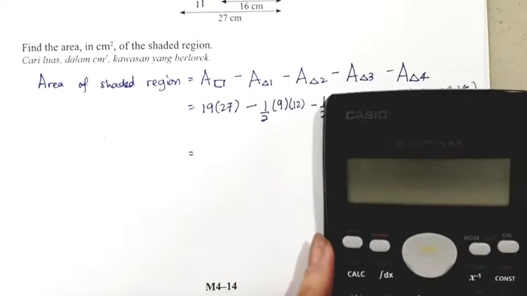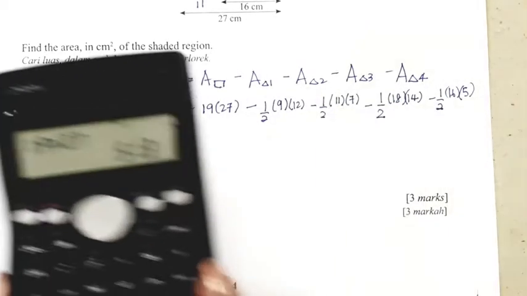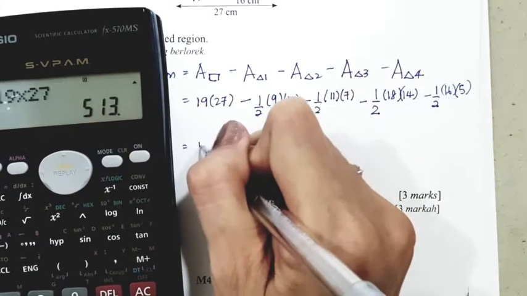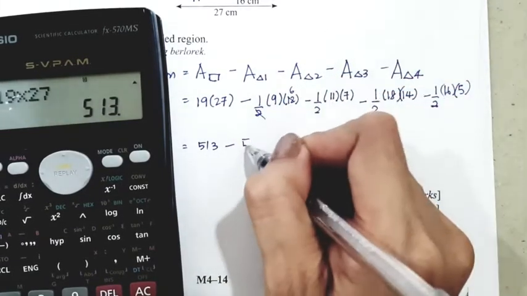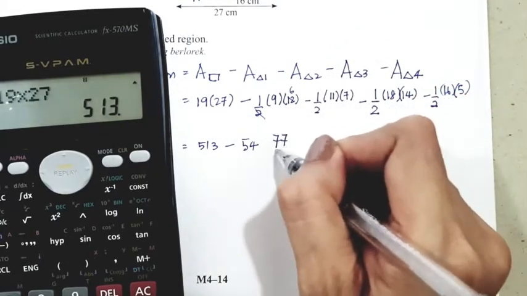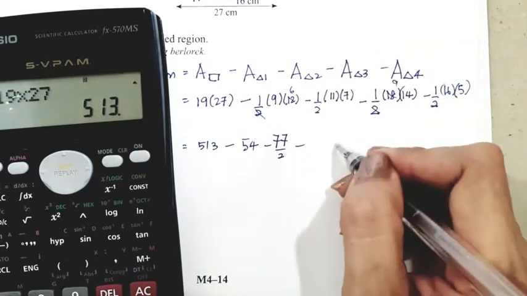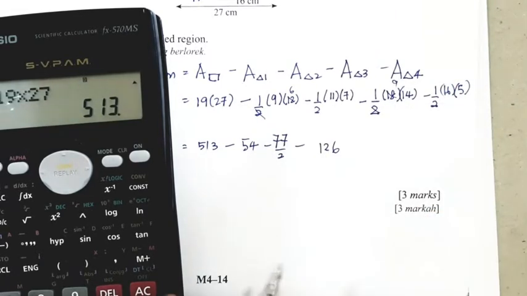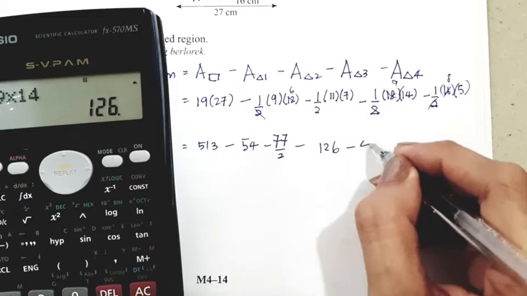Find one by one. Just to show them, 19 times 27 is 513. And then minus this one, 54. And then this one is 77 over 2. Then minus 126, right? 9 times 14. 126, and minus 40.